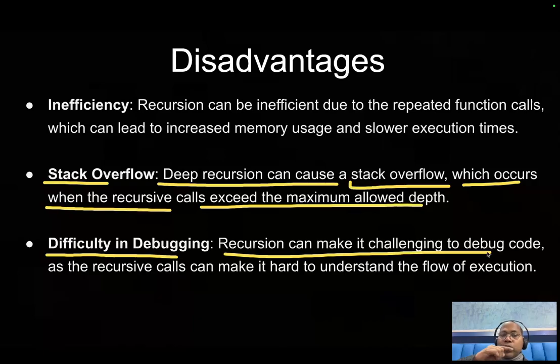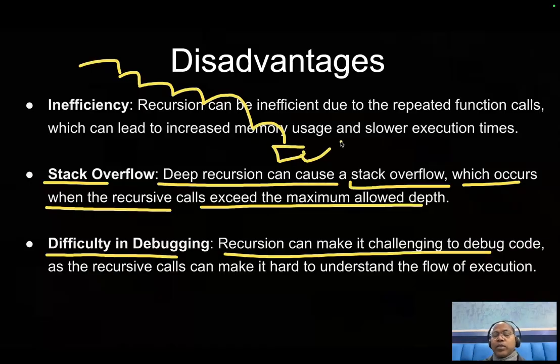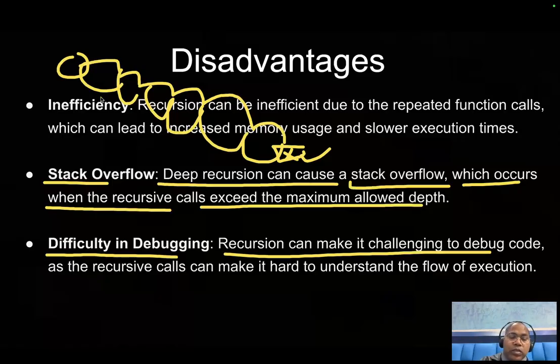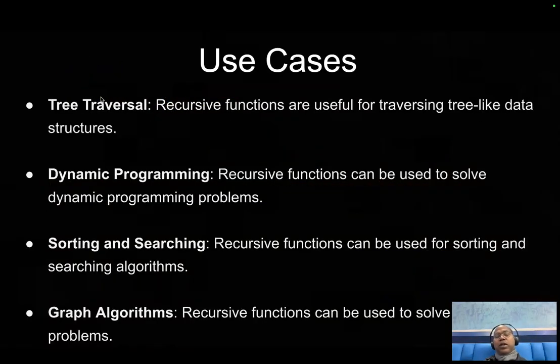You invoke a function, and you are thinking, I am going here, then here, then here, to find the result. They are going back, and back, and back. So this is very hard to debug as well. So these are the advantages and disadvantages of recursive functions.